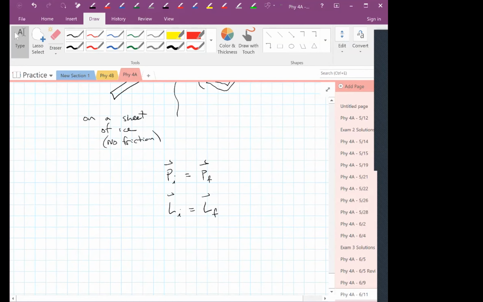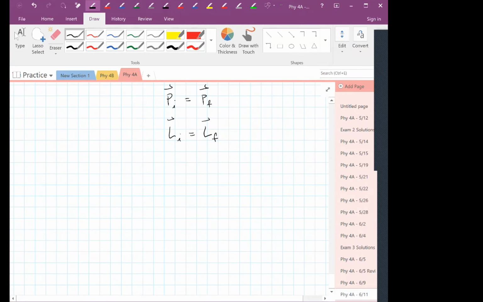And sometimes we have angular momentum conserved when linear momentum is not, right? Like if something is attached to the Earth and something hits it, linear momentum is not going to be conserved because the Earth is holding on to that. The Earth is holding on to that rod right there, and it's not letting it move to the right.